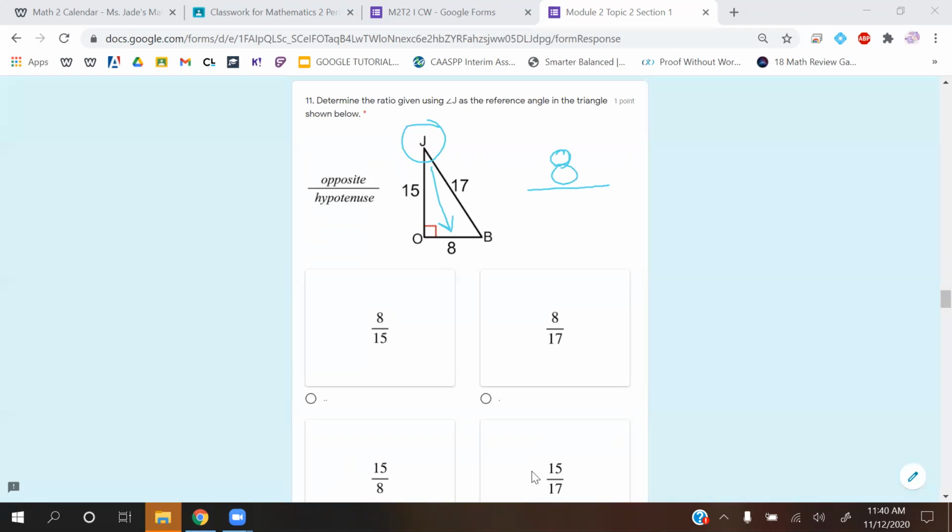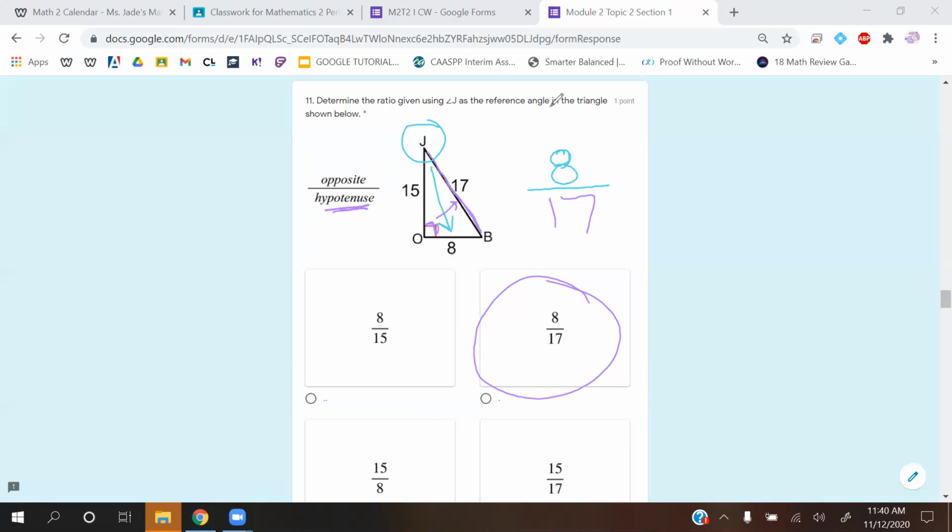I'm going to do the hypotenuse in a different color if my thing would let me. The hypotenuse must be directly across from the right angle, okay? So that would be this side. So we get 8 over 17. It's essentially 2 problems in one, but it's just 8 over 17. So this one would be our answer.